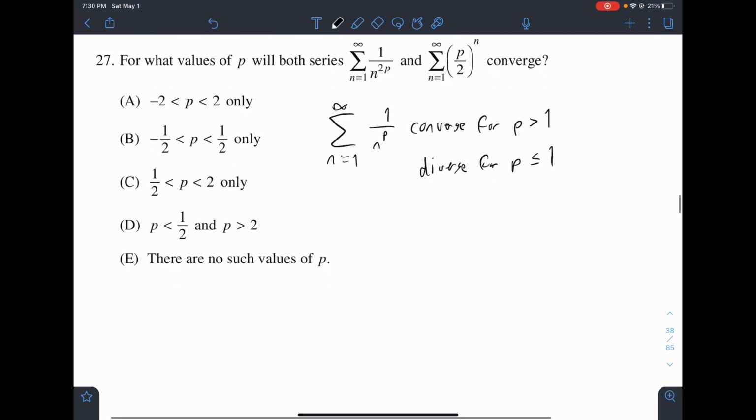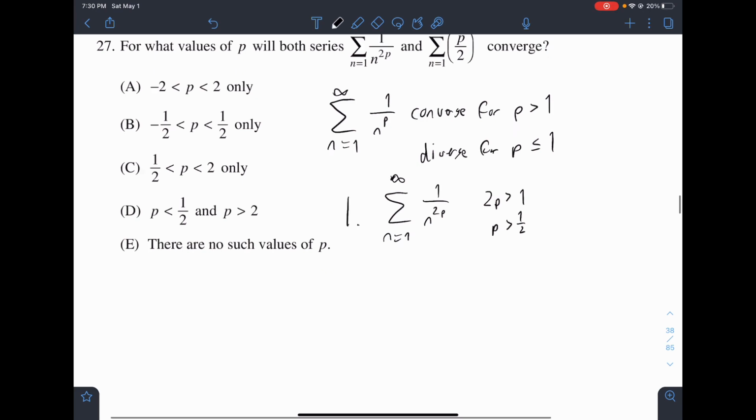Now let's consider the first series: the sum to infinity of 1 over n to the 2p. Let's set 2p greater than 1 for it to converge. And so p is greater than 1/2. So for all p values greater than 1/2, this series will converge.